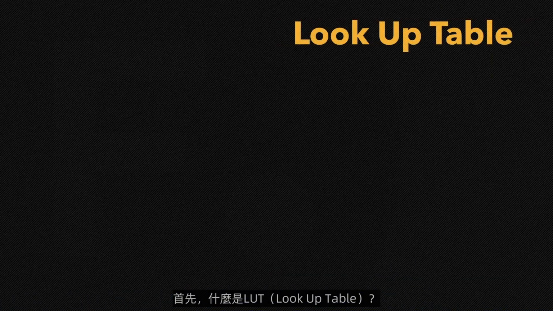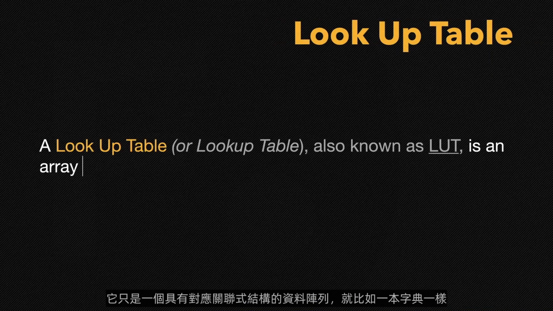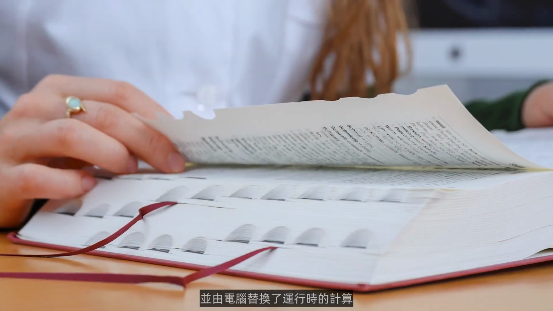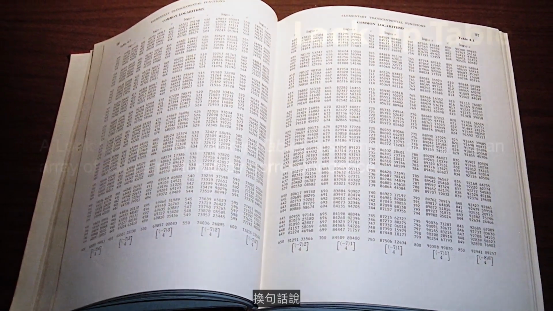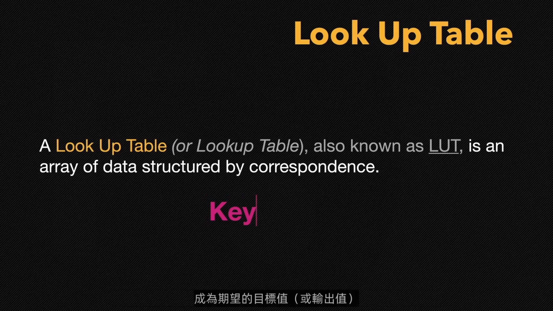First of all, what is a LUT, or lookup table? It is simply an array of data structured by correspondence, like a dictionary, that replaces runtime calculations by the computer. In other words, it is a list of instructions to convert the given or input values into a desired target value, or output, for every single pixel.